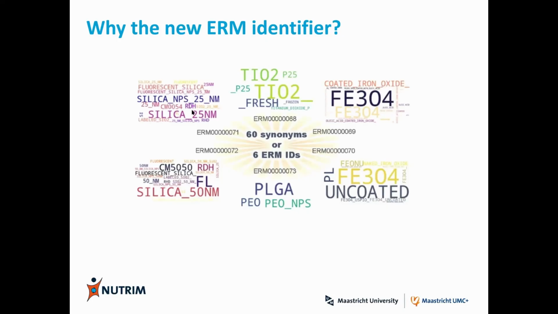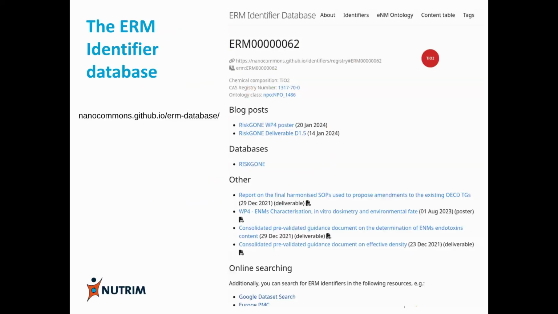So in the top left, we have one silica particle, one material with one set of physical chemical properties, but multiple different names. So we started an identifier there. You can register an identifier, and then we can link information to that. And we've been doing that in a database. In this way, we can link information from that long tail.